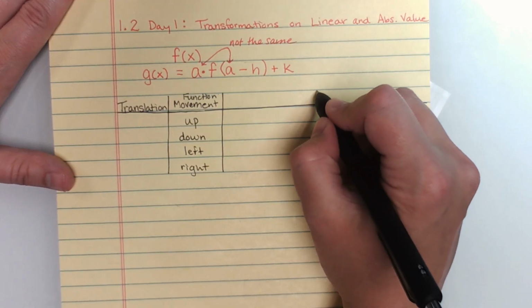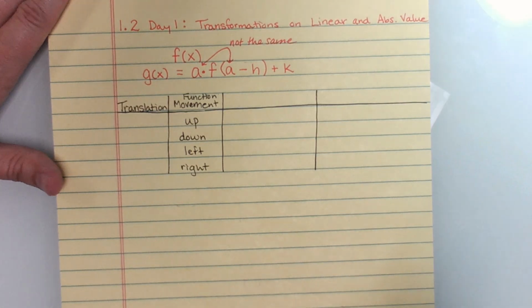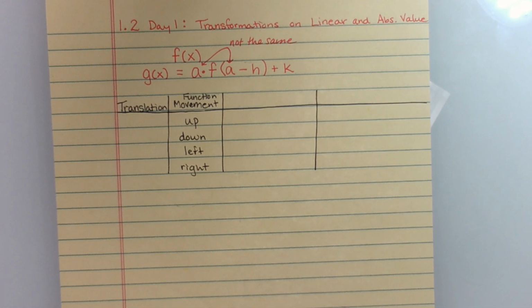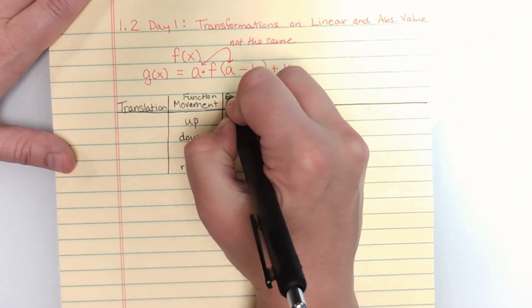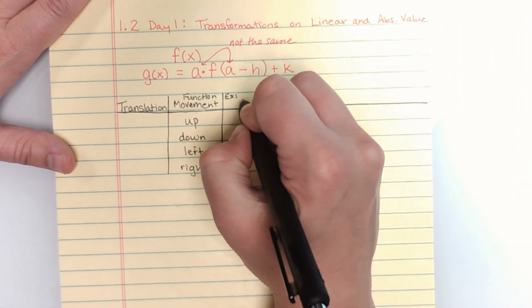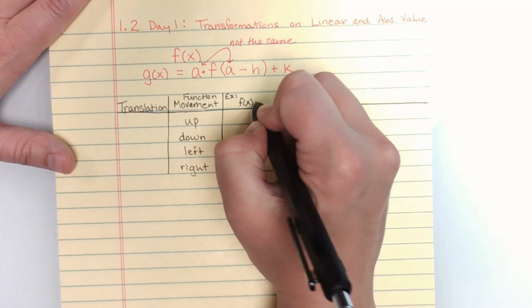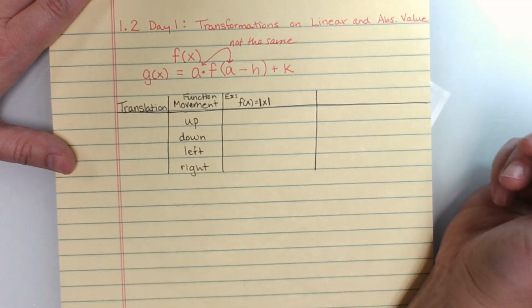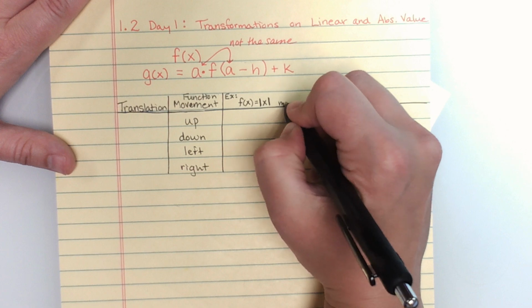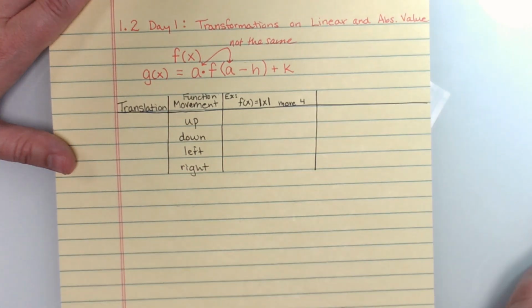we are going to have transformations that happen to basic parent functions and transformations that happen to functions that aren't the parent function. So I'm going to do an example where I have f of x being just a basic absolute value of x, and I'm going to move it by 4.